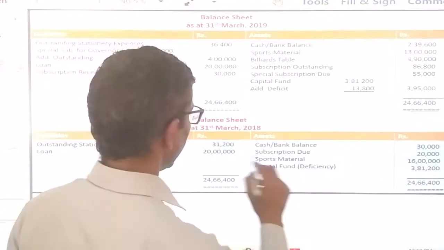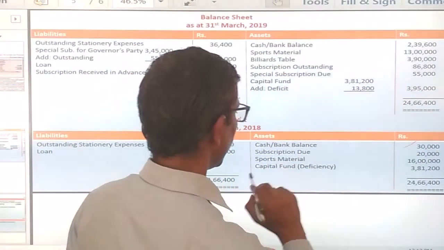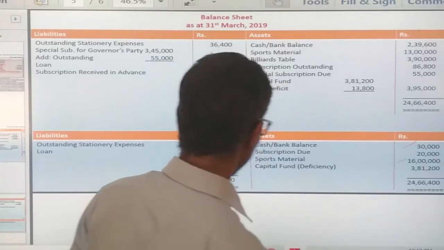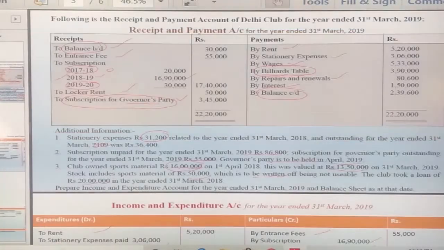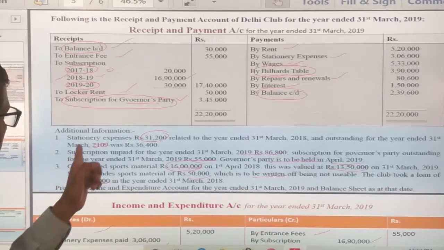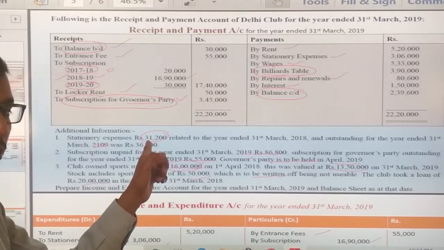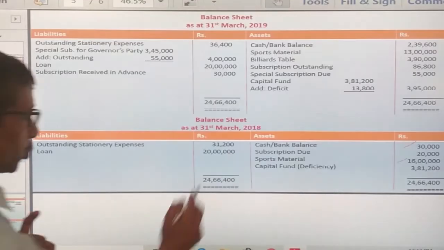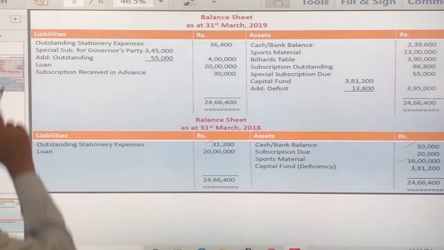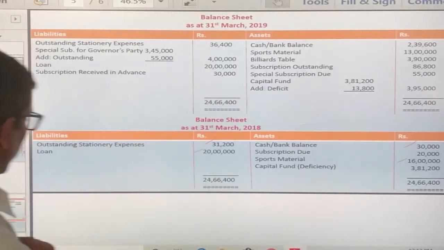So here 30,000 cash and bank we have shown, then sports material 16 lakh we have shown. Then here we have to show the stationery expenses outstanding in the beginning. And the 20 lakh rupees loan given, that we have shown.